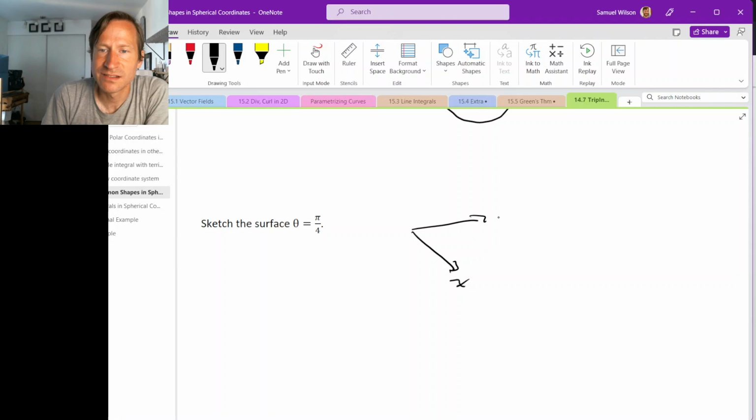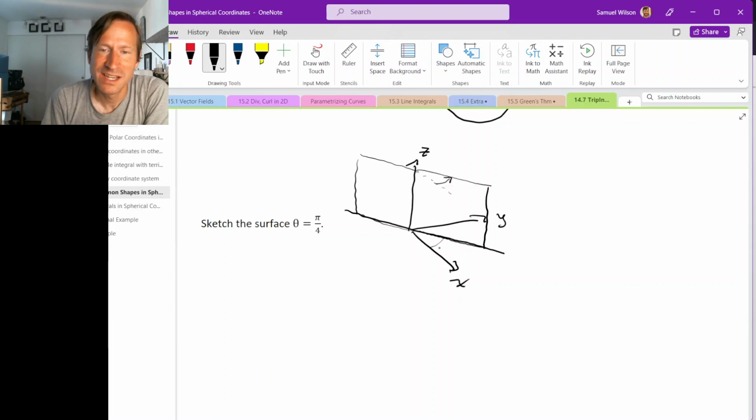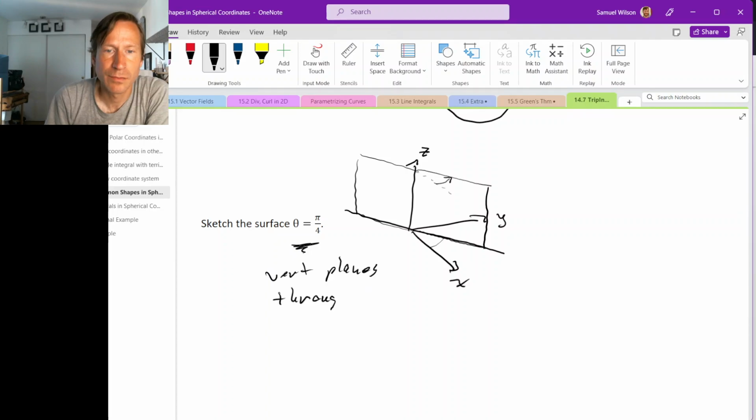So this is a vertical plane, essentially. It's a diagonal vertical plane, right? It's the plane sitting above and below this line in the xy plane. Right, so theta equals a constant gives you vertical planes through the origin.